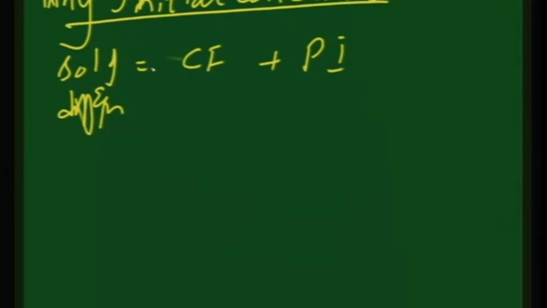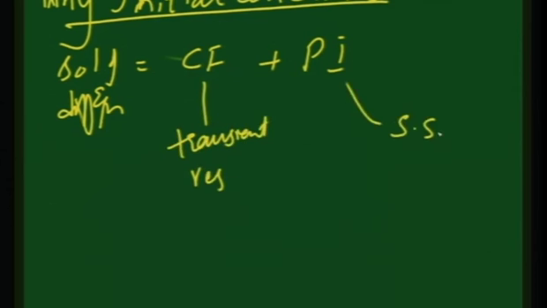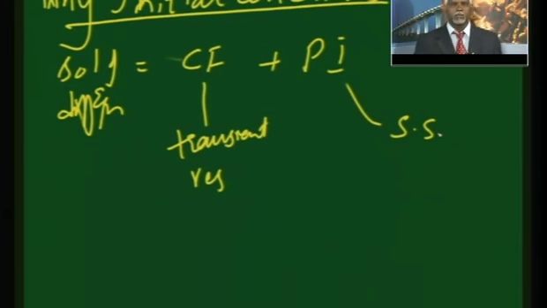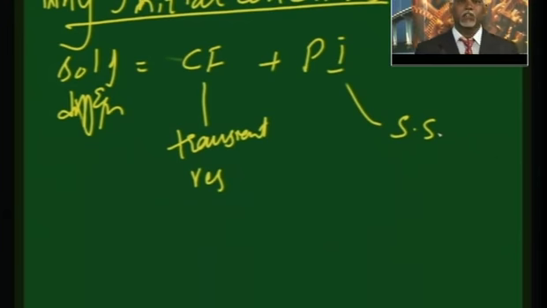Complementary function means the transient response, and the particular integral means your steady state response. What do you mean by transient response? The response is going to vary with time, and in a particular integral or a steady state response, the response is not going to change with time.